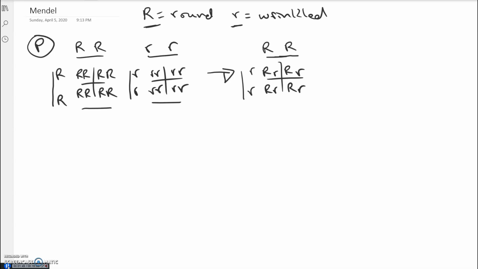Note, we always put the capital letter first, because it's dominant and it blocks the lowercase letter. Right? So uppercase letter first. So in this pea generation cross, all the offspring are round, but they all carry a gene to be wrinkled.